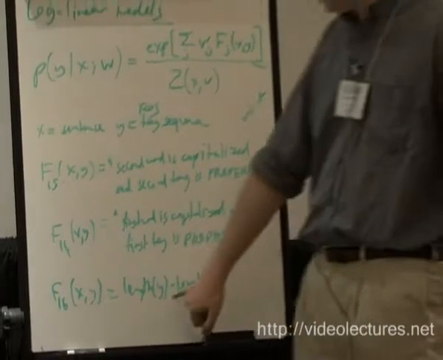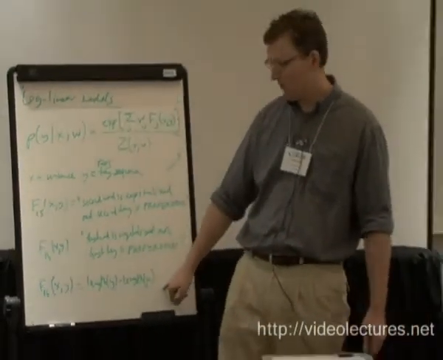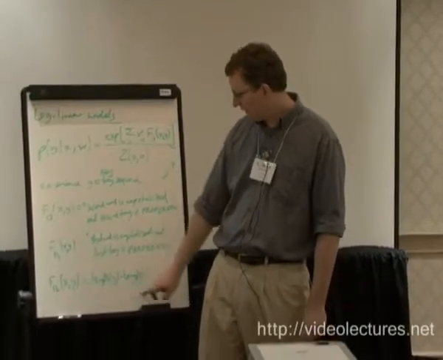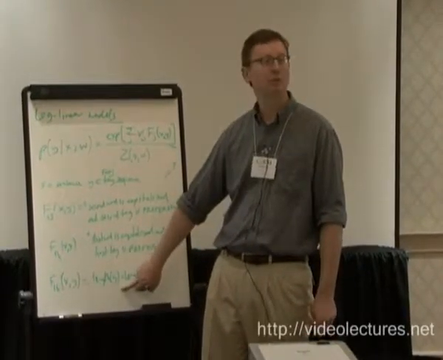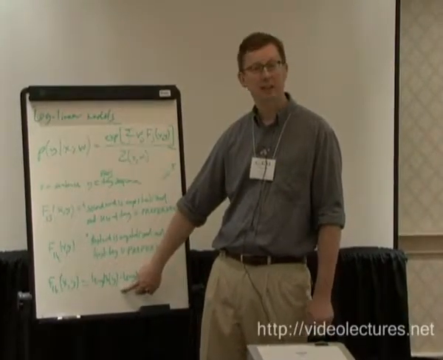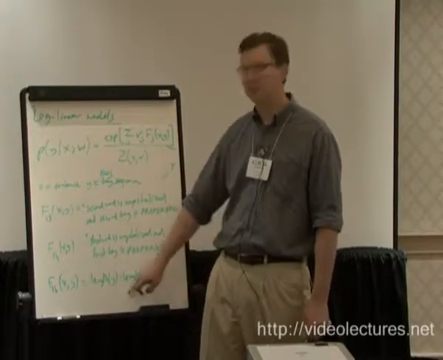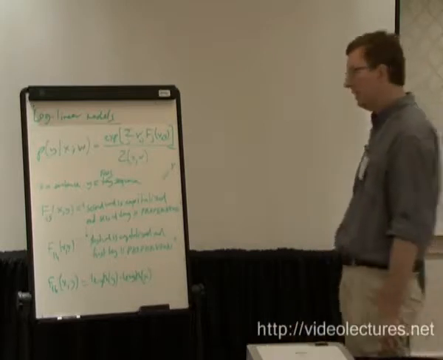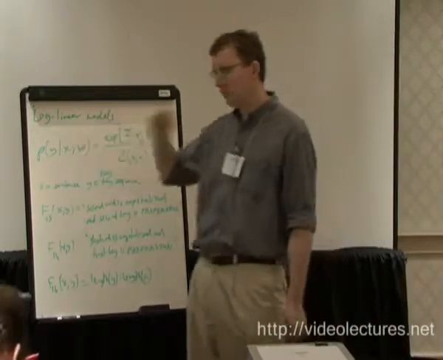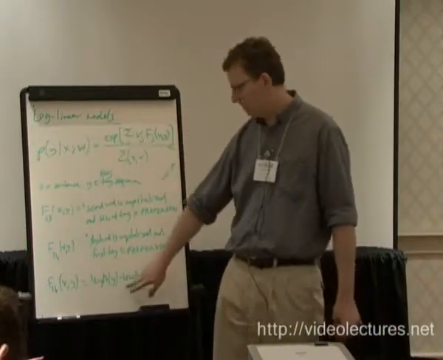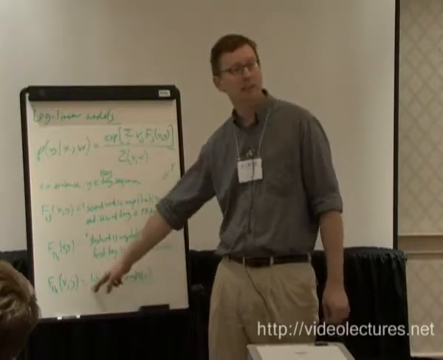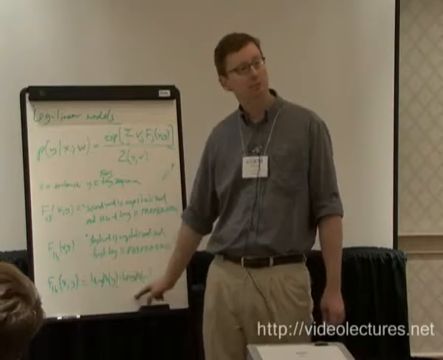So length of Y minus length of X tends to be positive for correct translations. And if length of Y is less than length of X, then Y is probably incorrect. So if we were trying to learn a log linear model to do translation, then this is a feature function that would probably end up with a positive weight. And this is a real-valued feature function.